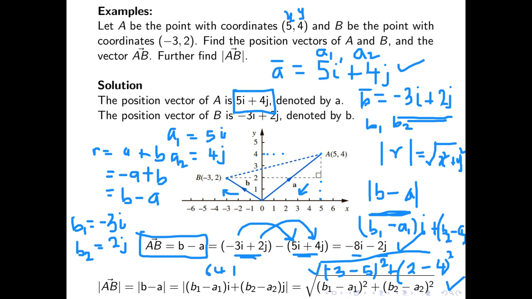The square of minus 2 is 4. Right? And then you can take the square root of that to obtain the final answer.